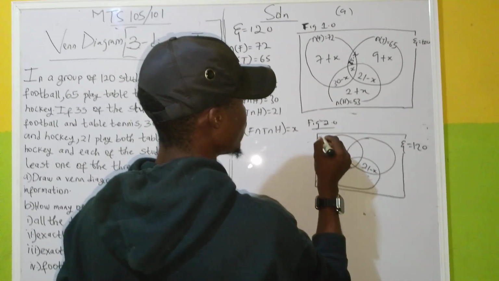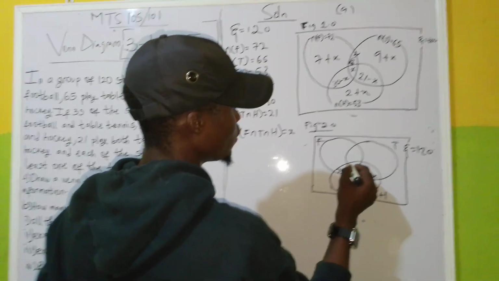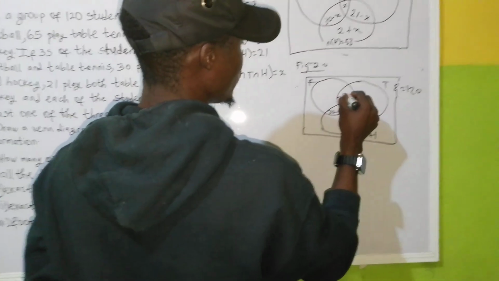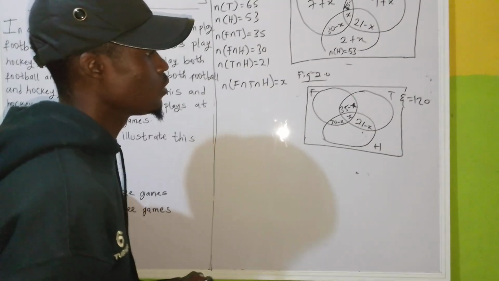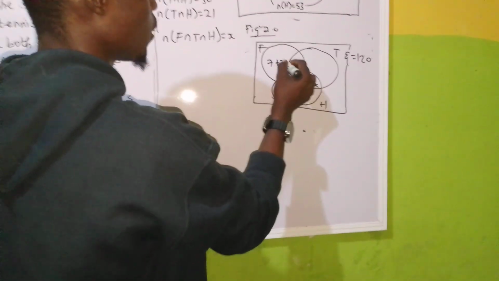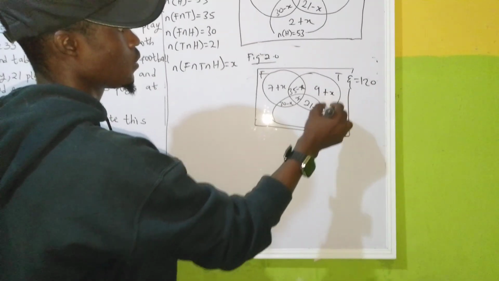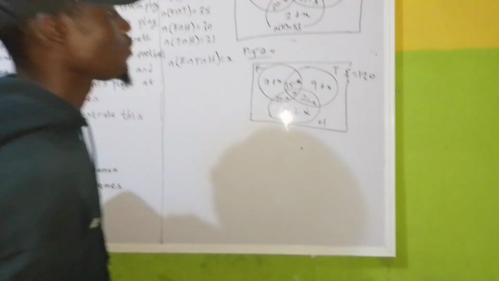This one is football, table tennis, and hockey. This one is x, where the three are joined, because where the three are joined is unknown. This one is 35 minus x. So what do we have here? We have 7 plus x, 9 plus x, 2 plus x.